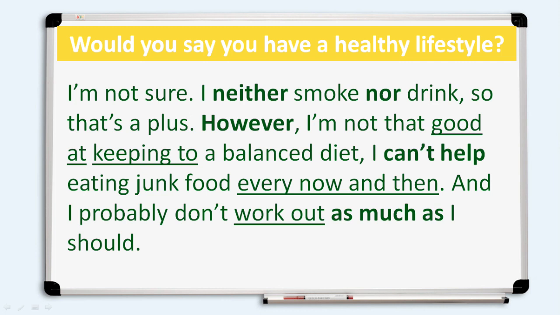There is some good vocabulary here, like keep to a diet, junk food, work out, as well as a fun expression, I can't help, which means I can't stop myself from doing it. I can't do anything about it. And lastly, I made a comparison here, as much as I should. You can also say as much as I used to, and so on.